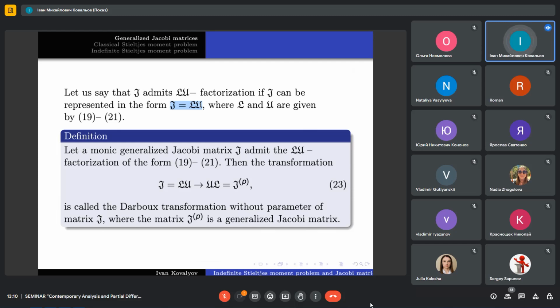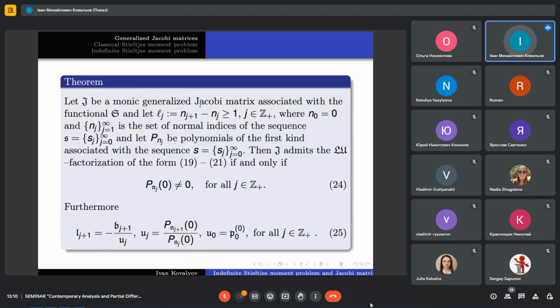and in this situation, the new matrix JP is a generalized Jacobi matrix. And we have the first theorem.